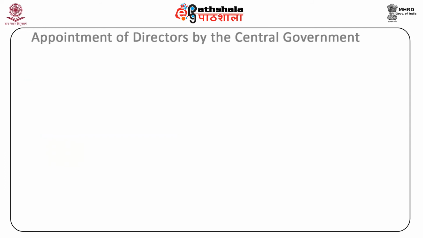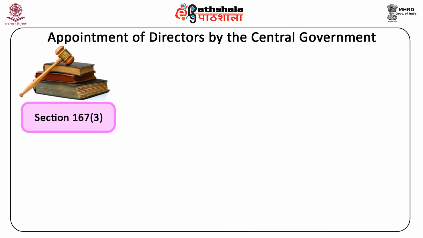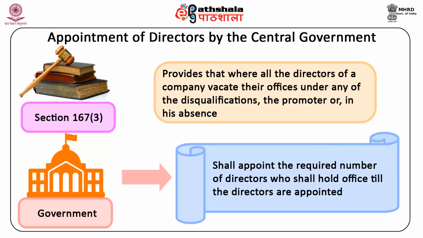Appointment of directors by the central government. Section 167, subsection 3 provides that where all the directors of a company vacate their offices under any of the disqualifications, the promoter, or in his absence, the central government shall appoint the required number of directors who shall hold office till the directors are appointed by the company in the general meeting.